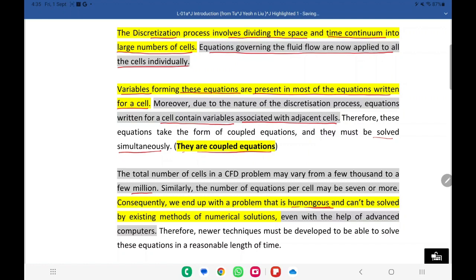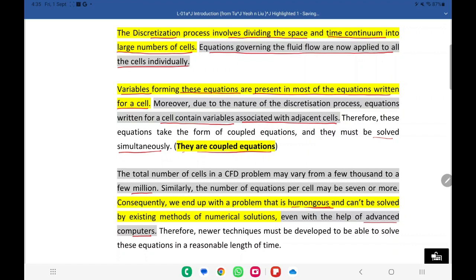Even computers, if you go for a 10 by 10 matrix, will take a lot of time. The algorithm to solve this equation becomes very, very complicated, very, very slow. Even if you have advanced computers, the solutions to these equations are not possible in a reasonable time frame.